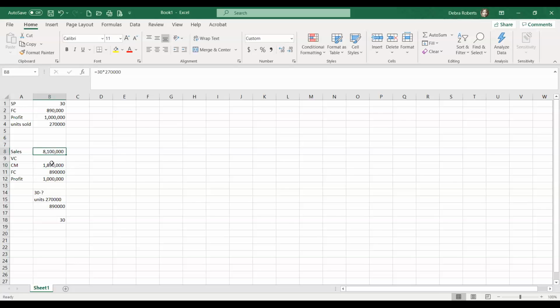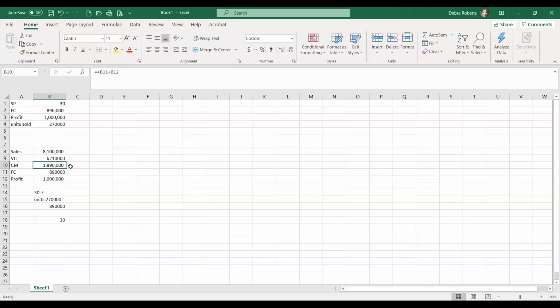Now I think I know how to do this. If I want to know what my variable cost is, it's just the difference. So I'm going to take the 1,890 and subtract it from the 8,100,000. That gives me 6,210,000.